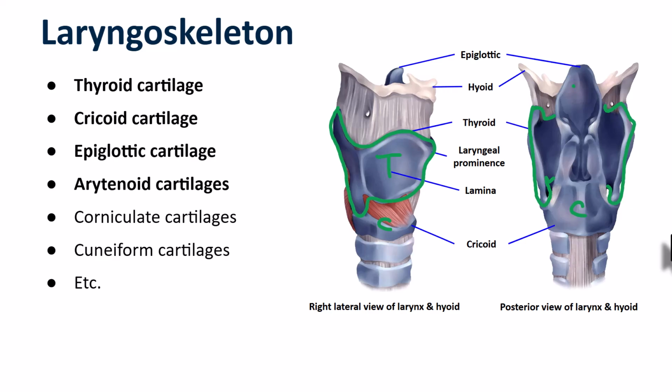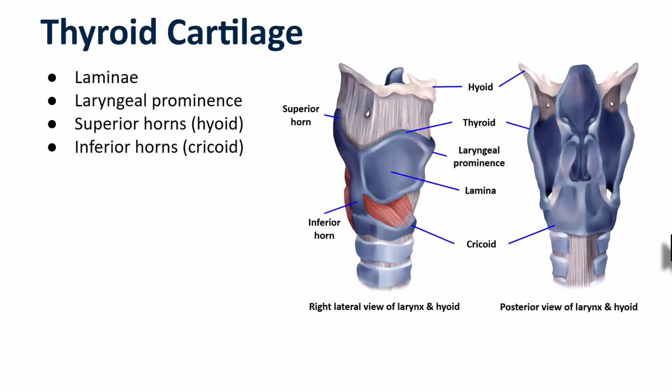There's also an epiglottic cartilage, which we can see there, and we can see just the tip of it right there, as well as arytenoid cartilages. And then there are corniculate cartilages and cuneiform cartilages. So let's take a look at each of these in a little greater depth.